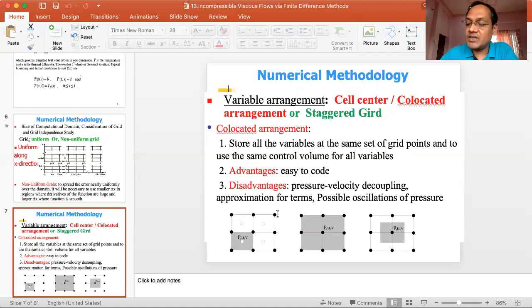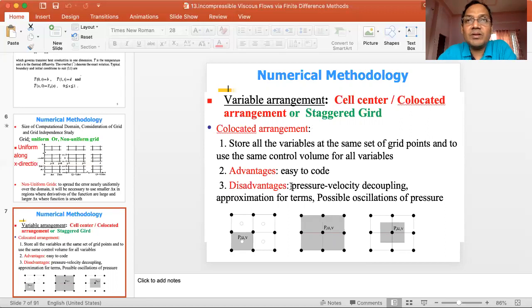They can be defined along the x direction by i and along the y direction by j. Therefore, at any general grid, the control volume can be denoted as the i,j control volume. Clear? So cell center means at the center you store all the variables.